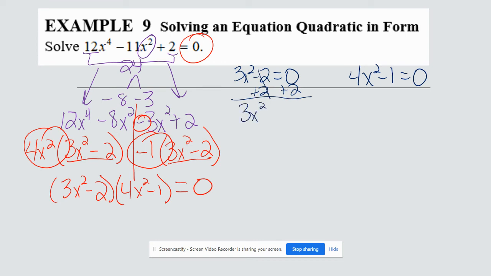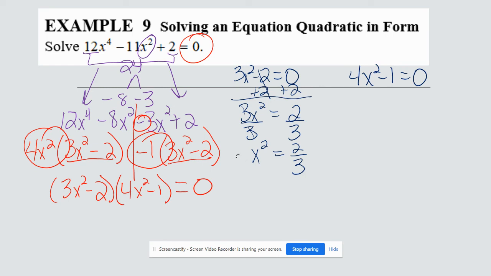We have 3x squared is equal to 2. The opposite of multiplying by 3 is dividing by 3. 3 over 3 reduces to 1, so we have 1x squared is equal to 2 over 3. Remember, we really don't use decimals unless they specifically ask us to, so we're leaving that as 2/3.